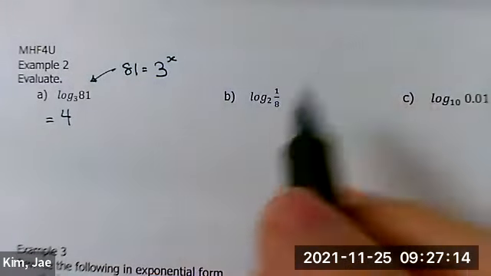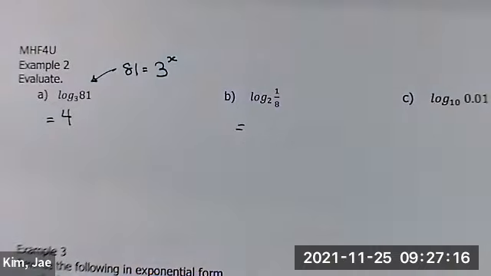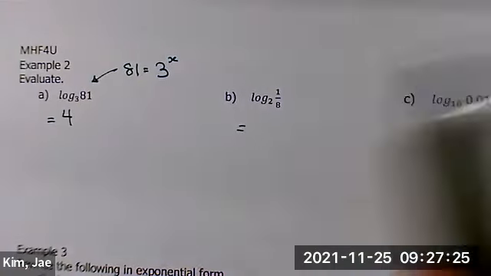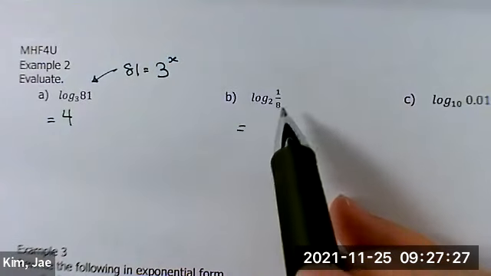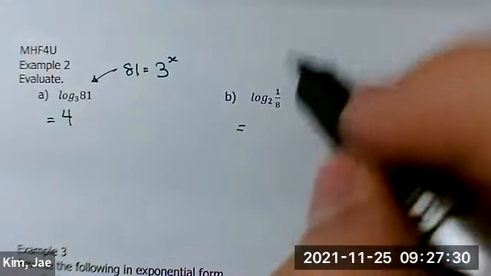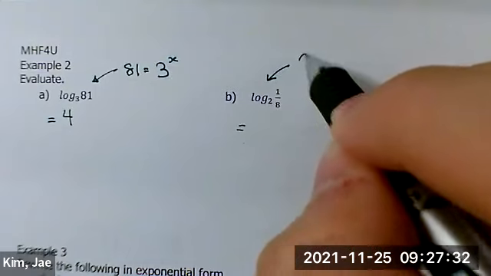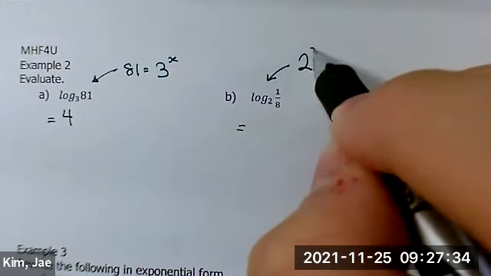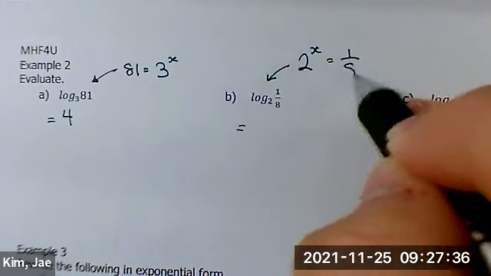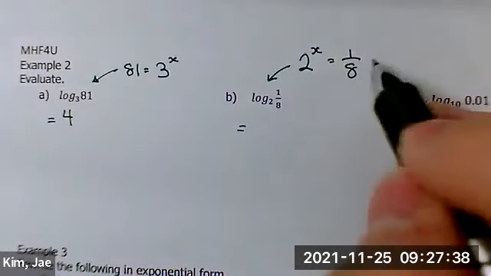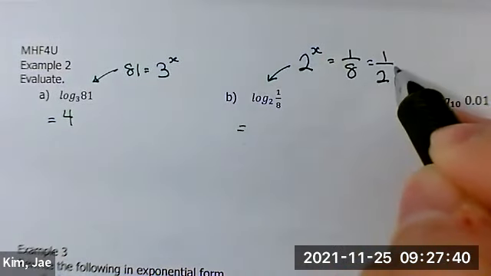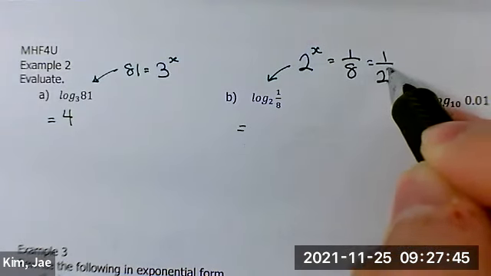In that same way, can you reverse calculate this and figure that out? Right now you can't use a calculator, but it shows whether you understand what this is trying to say. This would mean I have a base of 2, and I don't know what the exponent is, but the answer was 1 over 8, which is 1 over 2 to the power of 3.